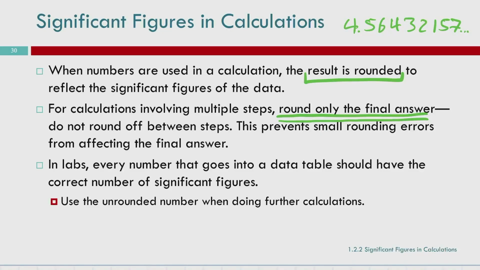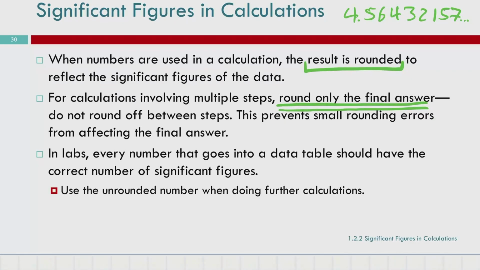We'll see this show up in the labs, probably. So if we only round the final answer and we don't round off between steps, that will save us from making those rounding errors. And that's more points in your pocket for your grade for the class.